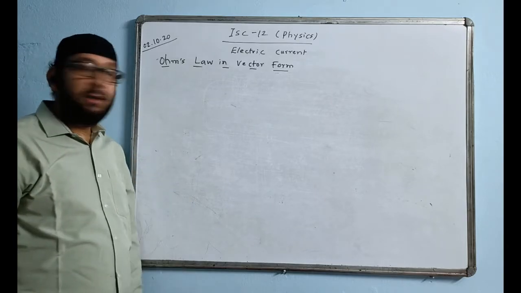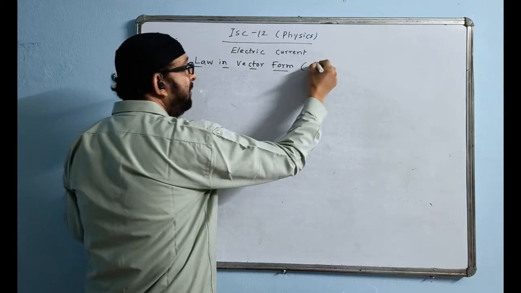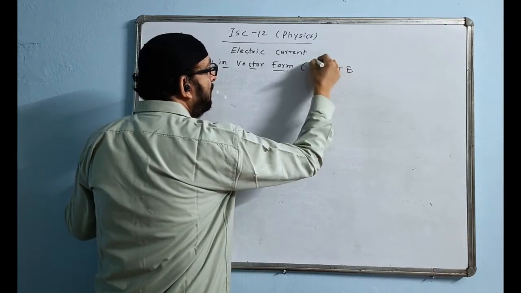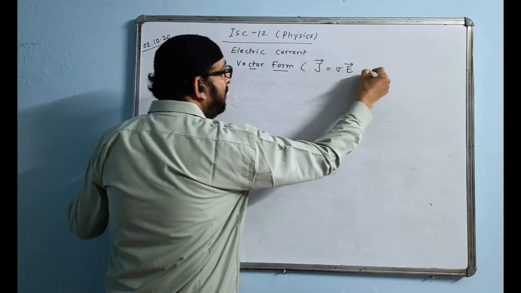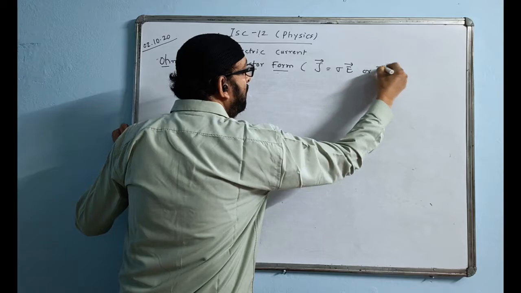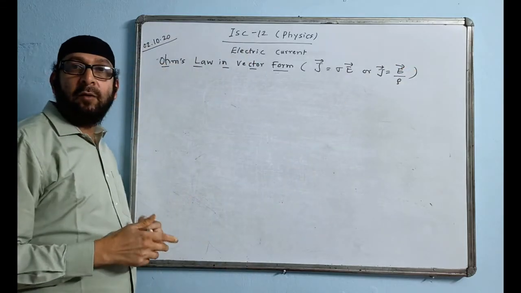That we have done in class 10 also. But now Ohm's law in vector form is like this. I write the vector formulation. J is equal to sigma E, or J is equal to E upon rho, like this. This equation is called Ohm's law in vector form.